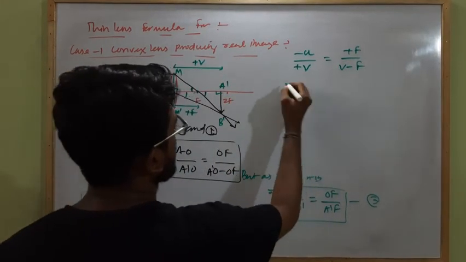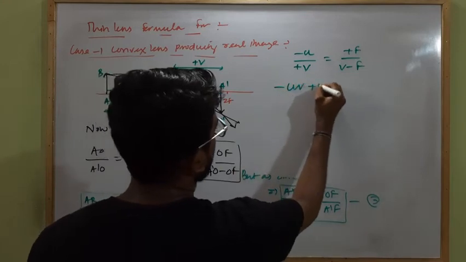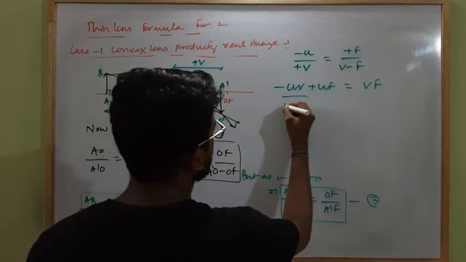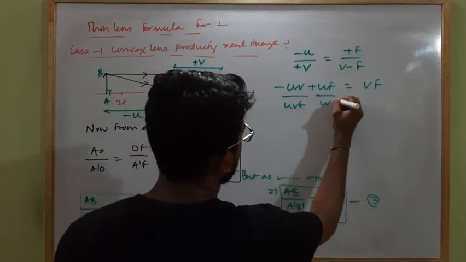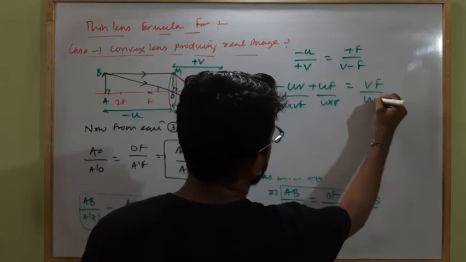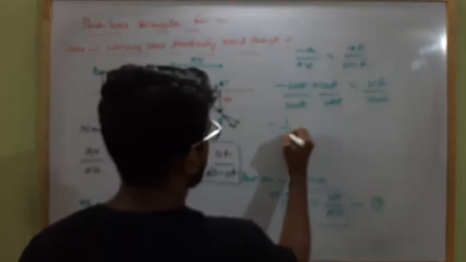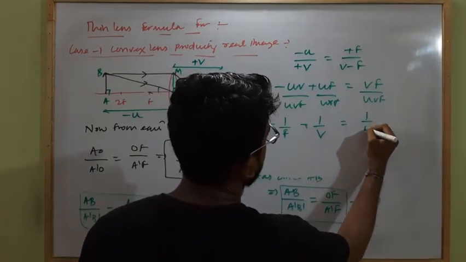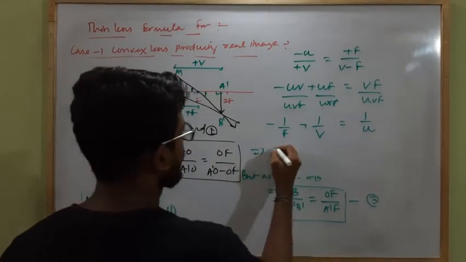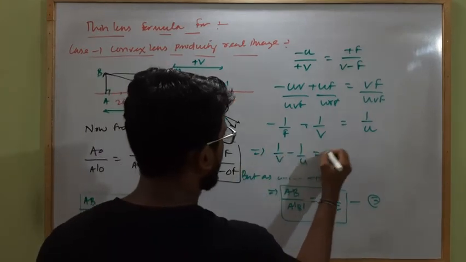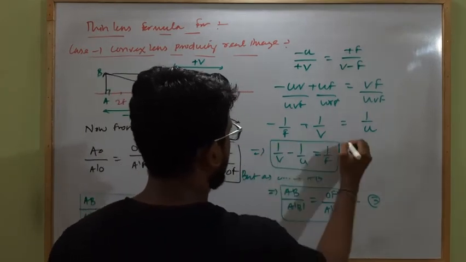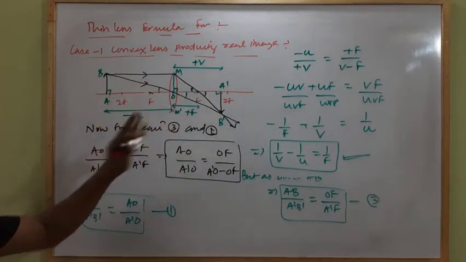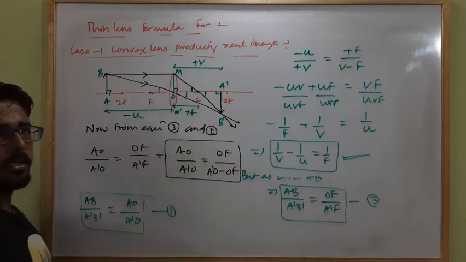So now cross multiplying this, it will be minus UV plus UF equal to VF. Now dividing by UVF on both sides, we will get minus 1 by F plus 1 by V equal to 1 by U. Rearranging this, we get 1 by V minus 1 by U equal to 1 by F, which is the required lens formula for a convex lens producing real image.